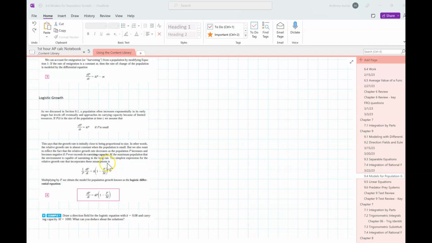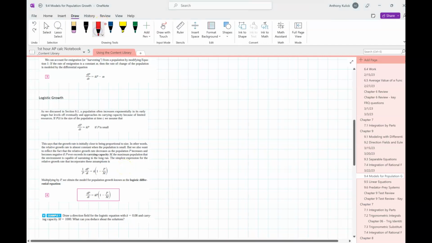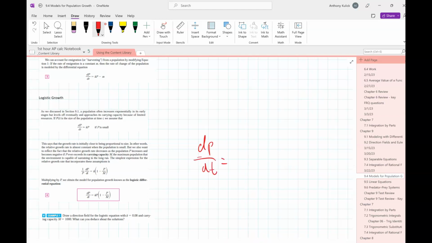And if you recall, back in 9.1, we said the other way we'd model that was dp dt equals kp, and we tacked on this 1 minus p over m.